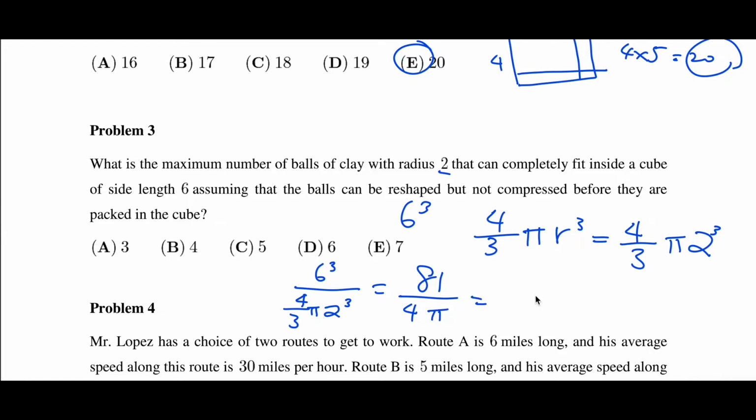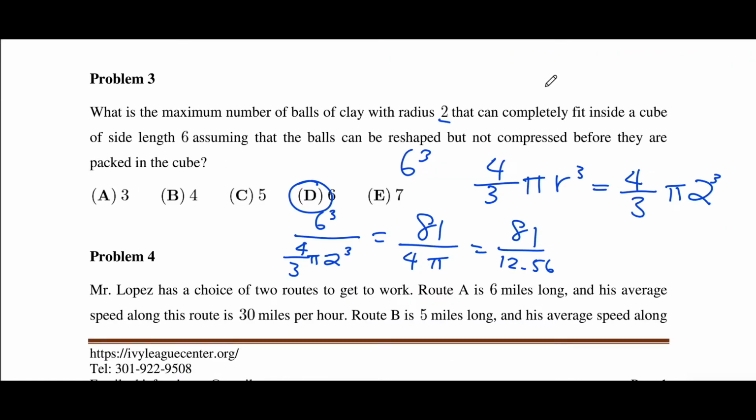And this would be 81 over something about 12.56, because pi is infinite, but we just use 3.14. So if you use 7, it'll go all the way up to 84. But it says the maximum number of balls, so you want it to be a bit under. So it would only be 6, because that would be 75 point something. So the answer is D, 6.